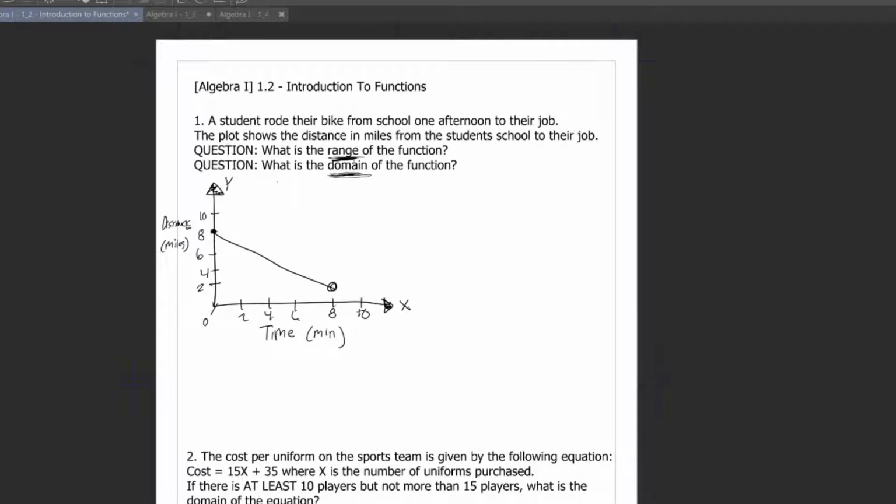So one thing that you have to know is what range and domain are. Let me take a step back. What is a function in general? A function can be seen as something that has an input, whether it's one variable, like in lesson 1.1, two variables, or five variables.